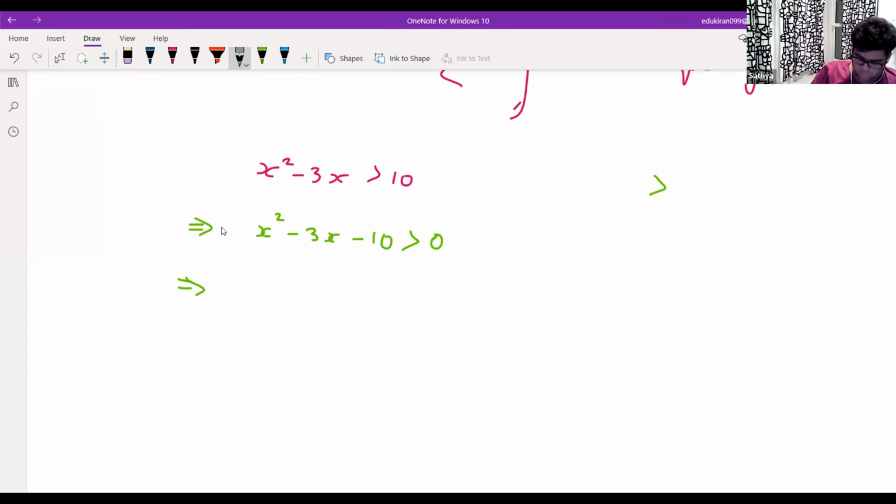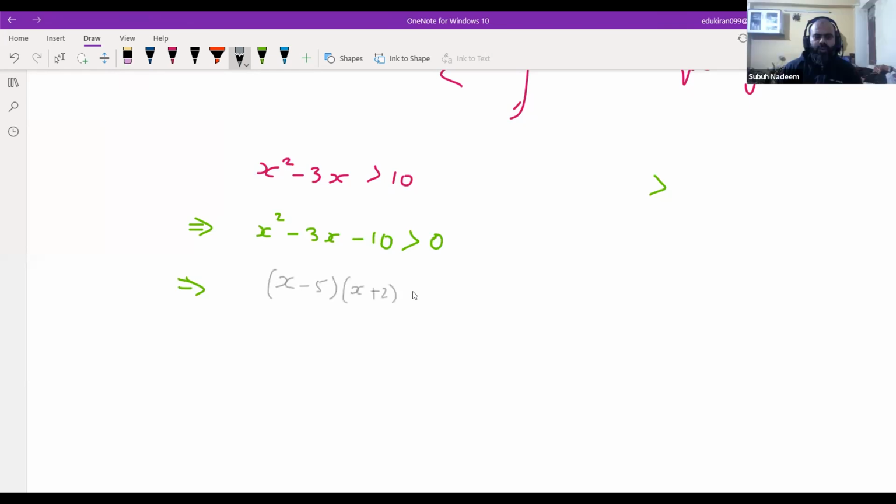So I got x minus 5 and x plus 2 is greater than 0. Okay.